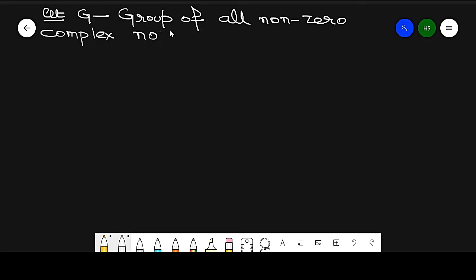Non-zero complex numbers under multiplication.